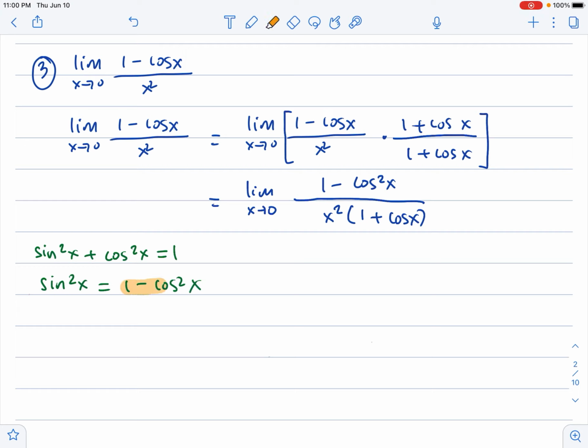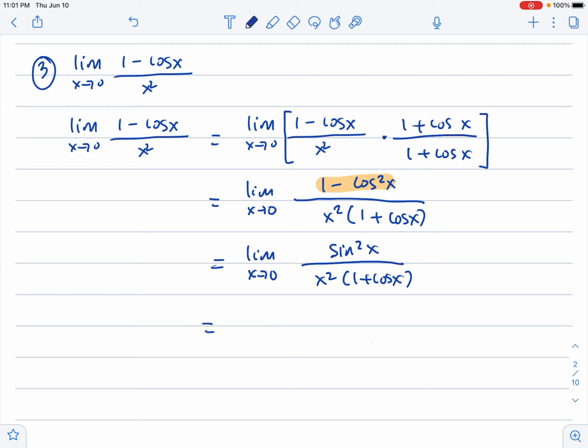Notice na yung 1 minus cosine squared x dito ay kapareho dito, which means na pwede kong palitan yan ng sine squared x kasi equal sila, di ba? So this is equal to the limit as x approaches 0 of sine squared x divided by x squared times 1 plus cosine x. Pwede na natin burahin to.